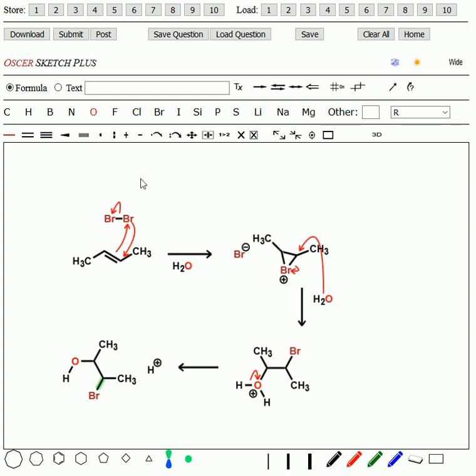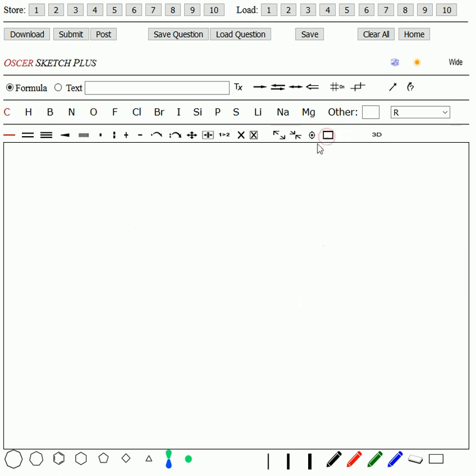Now, one of the interesting things about this reaction is that the reaction occurs on the back side, which means that if you have some stereochemistry in your compound, let's start here with cyclohexene.